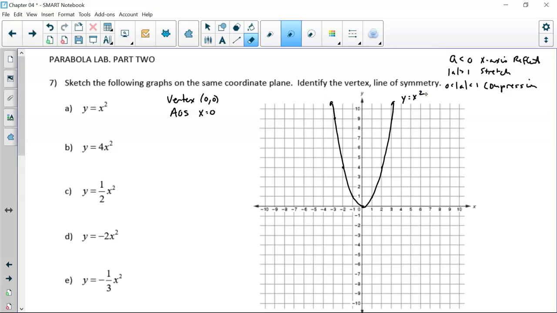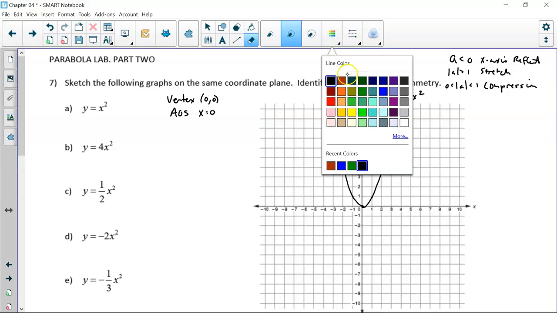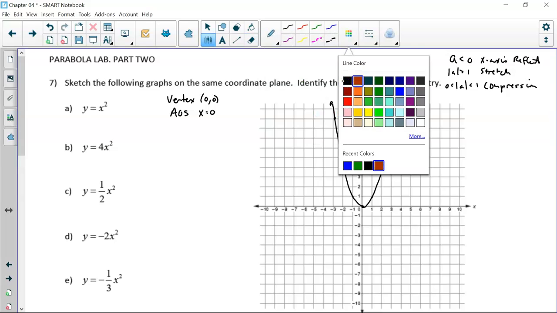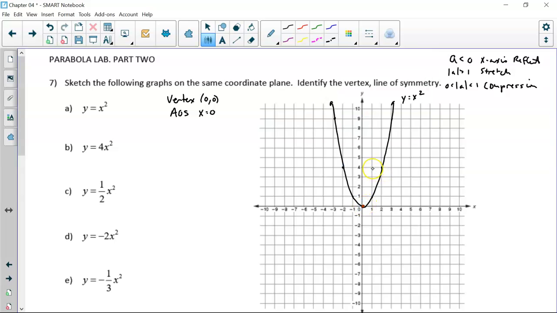Now with 4x squared, because that leading coefficient is a 4, there's going to be a vertical stretch. We'll still start at the same vertex. And then our points would be here. You can see how much narrower that is. There's that vertical stretch in action.